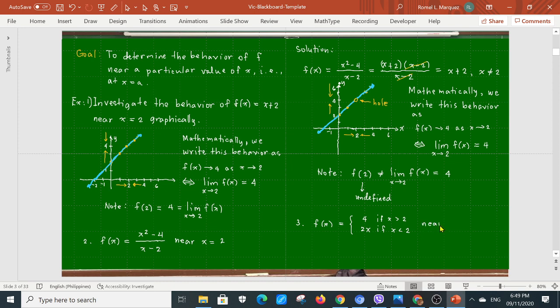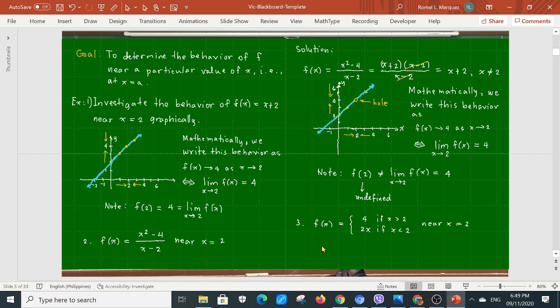Near x equals 2. Notice that here, x equals 2 is not in the domain. But let's see if the limit will exist in this case. Again, 2 is not in the domain, but we want to know how f behaves near that number.